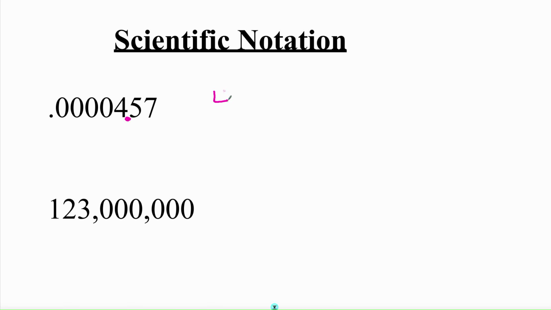So I would write this as 4.57. And I would write this number here as 1.23. So you can only have one number in front of the decimal. And then you multiply by a power of 10. So that's just how scientific notation goes. There can only be one number in front of the decimal, and you write it times 10 to the, and that's what we're going to look at now.